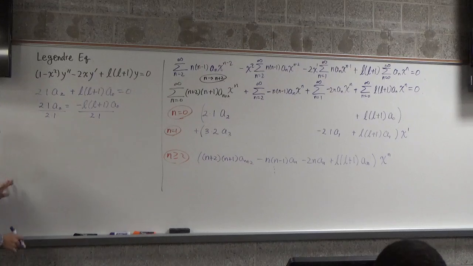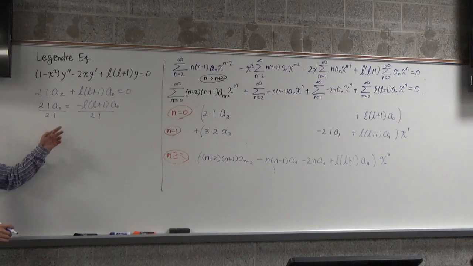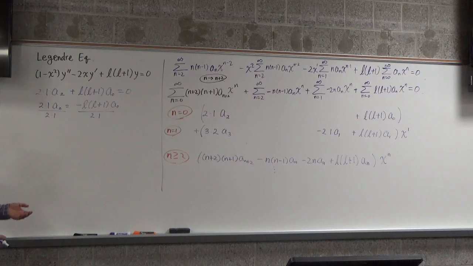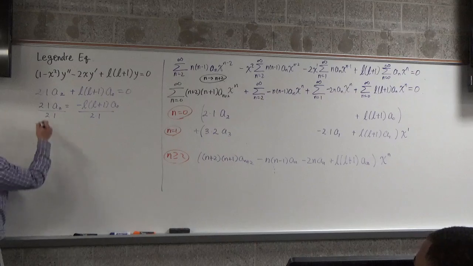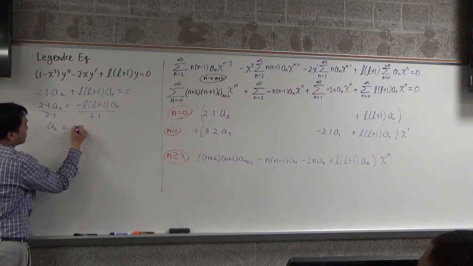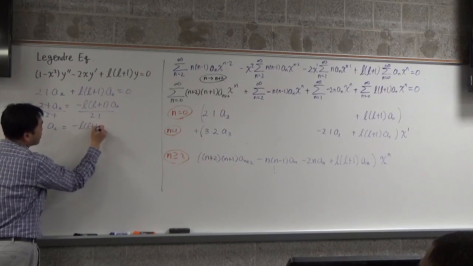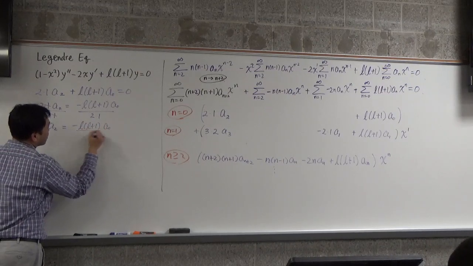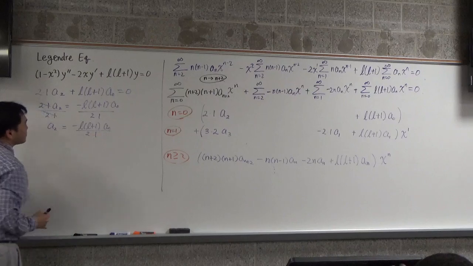It's kind of awkward to divide by 2 times 1 when you clearly know that 2 times 1 is 2, but our purpose is to find some pattern, so I'll just write it like this. So that a2 is negative l times l plus 1, a0 over 2 times 1.